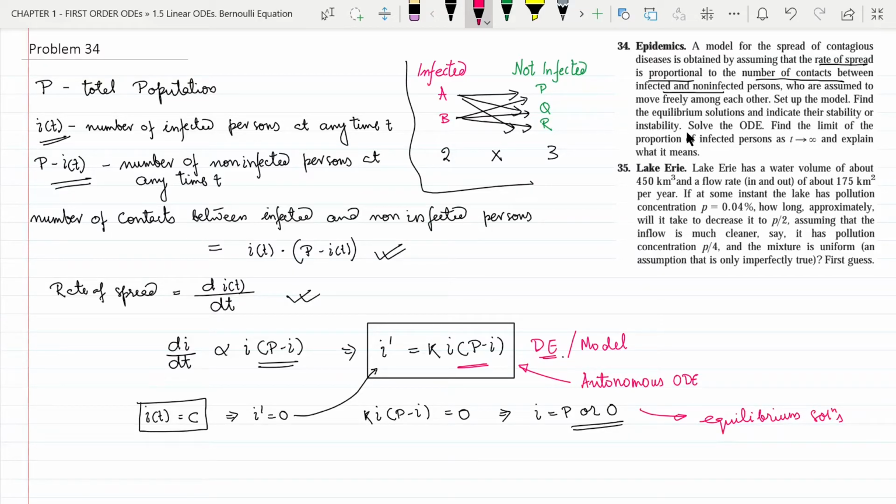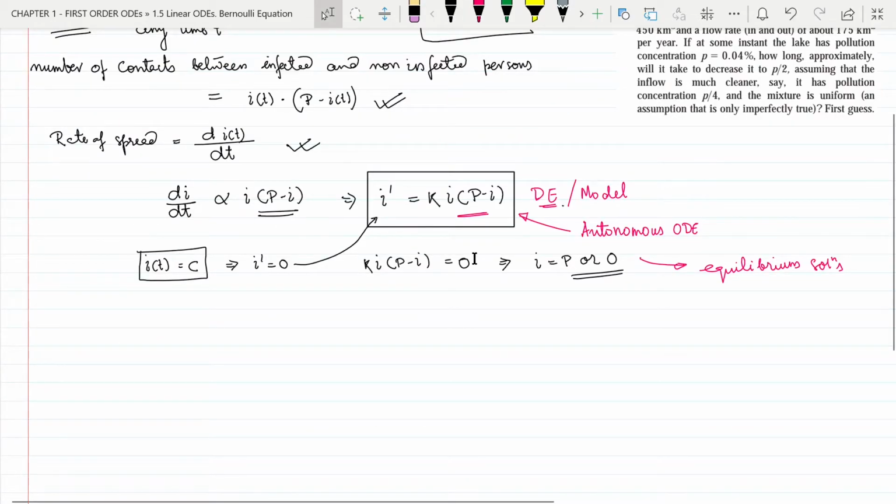Now let us see if these equilibrium solutions are stable or not, which one is stable and which one is unstable. For that, we have to draw the direction fields or slope fields of the differential equation. Then we'll learn how to draw a phase line of a differential equation, and from that how to interpret which of the solutions are stable and which ones are unstable.